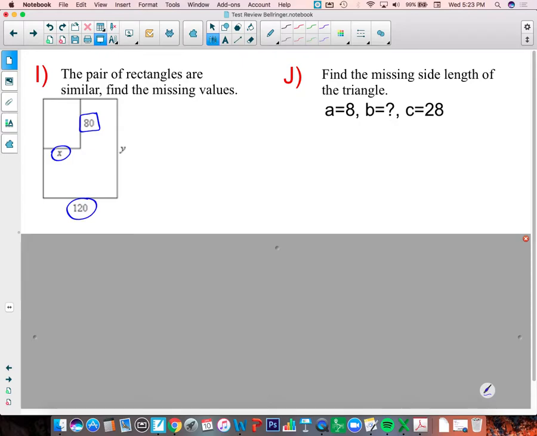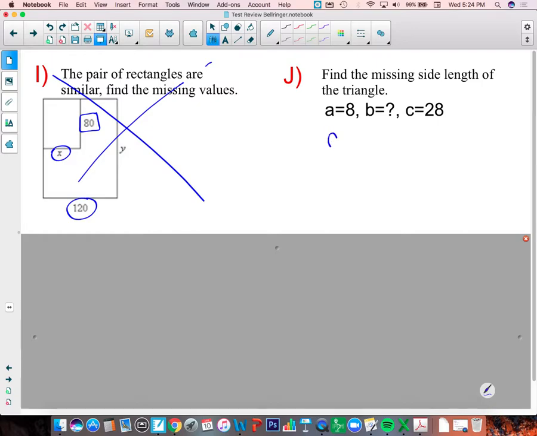These are similar shapes. 80 is to y. Let's skip this one. My bad. Okay, let's go to the next one here. You should be okay on similar figures. I'll give you ones on the homework or on the lesson, or the quiz, that actually work.